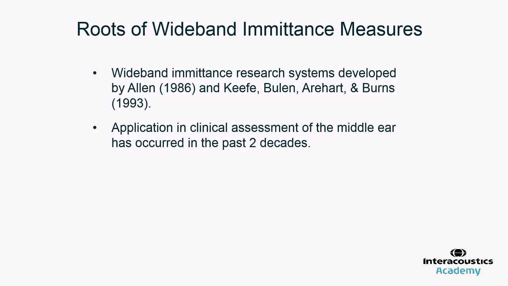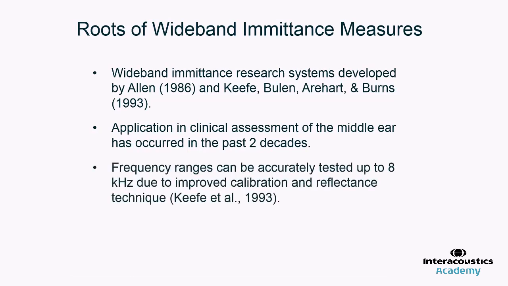And this isn't unusual for an instrument like this to take quite a while to get into normal clinical practice. For example, it took at least 20 years for otoacoustic emissions to be used routinely in clinical practice. So a lot of that has to do with how well we are able to understand it as clinicians and interpret the results.